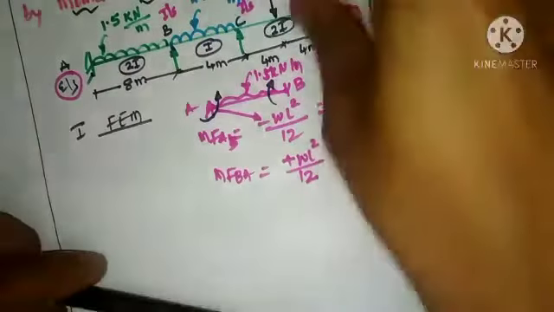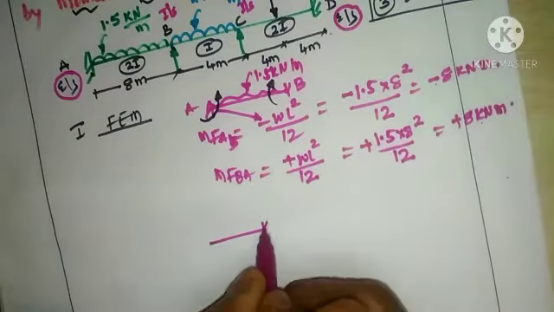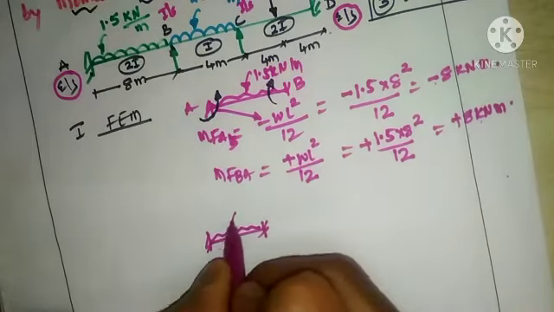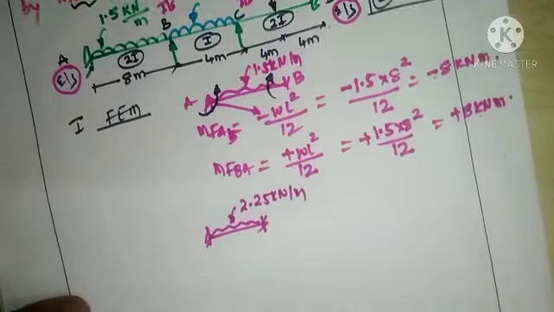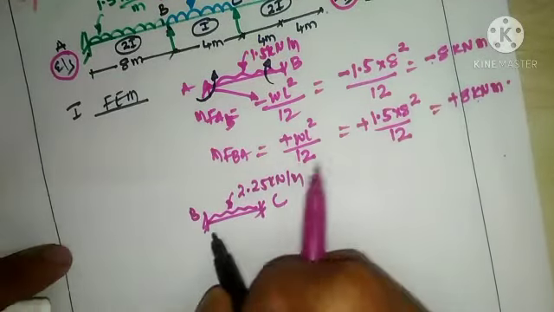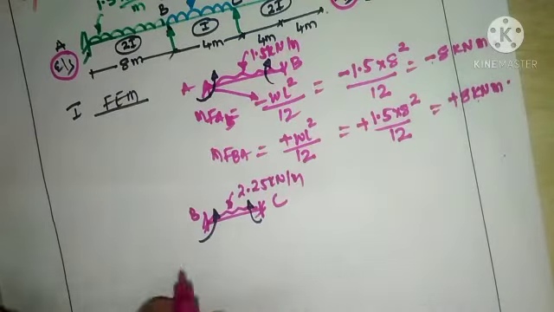Next is the continuation from AB to BC. If you take out the free body diagram of BC, this will be the beam having a load of 2.25 kilonewton per meter. B will offer a resistance force in the anti-clockwise direction and C will offer a resistance force in the clockwise direction.